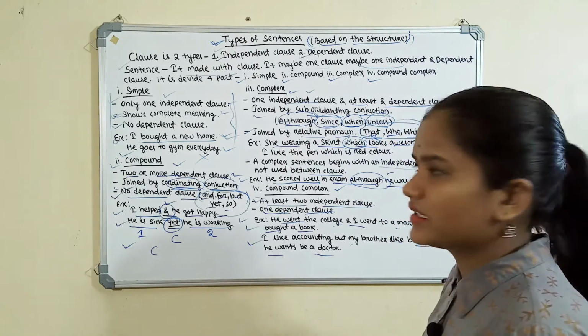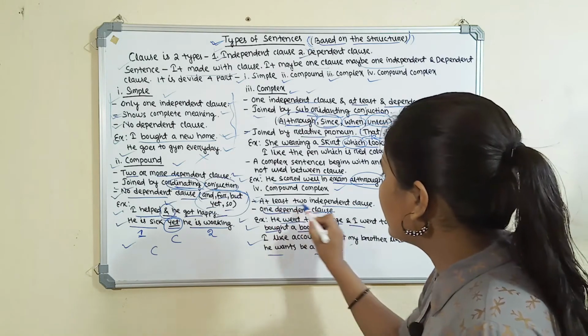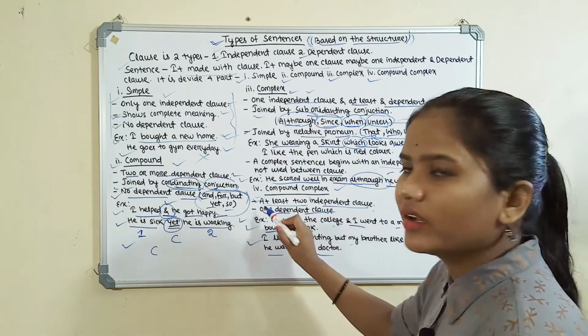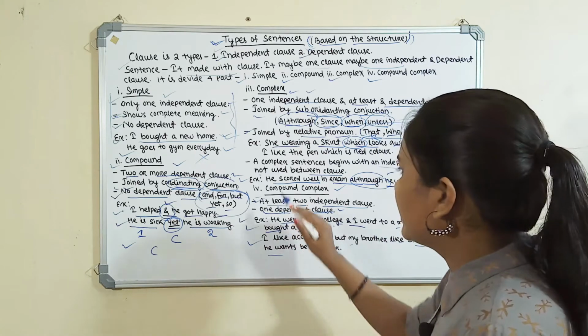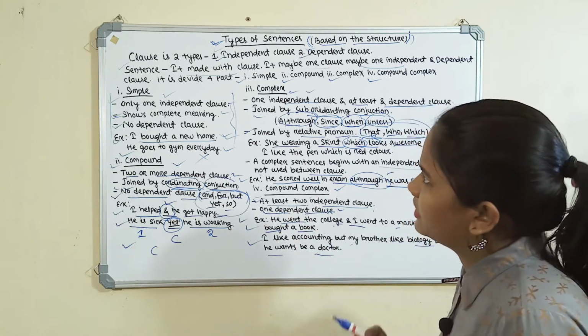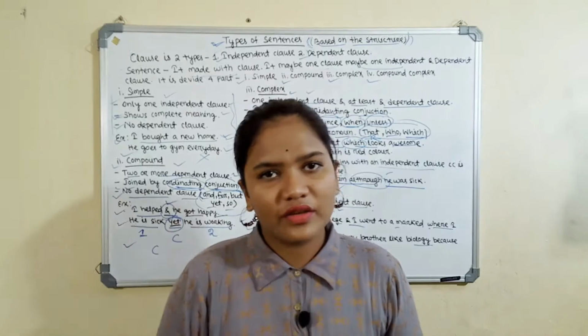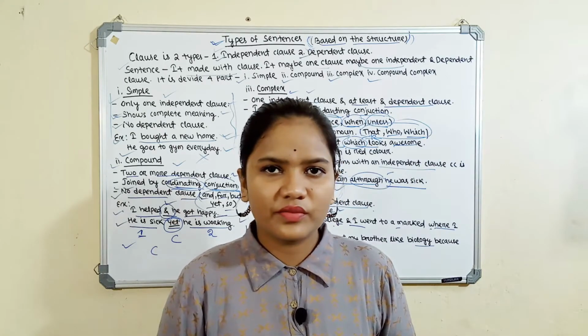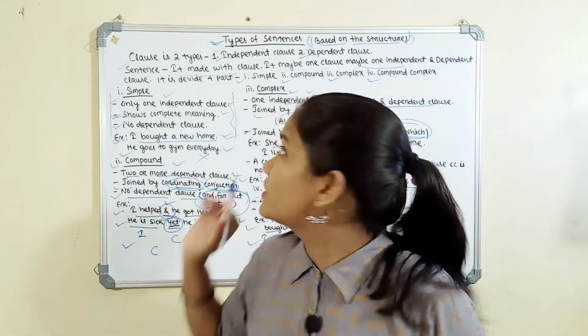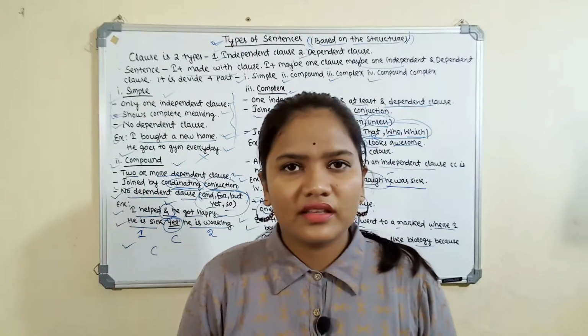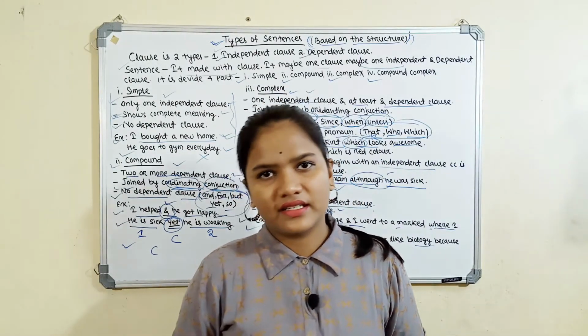Compound complex sentences have at least two independent clauses and one dependent clause. That is all about sentences. We already learned the base of sentences in meaning and in structure. These are the eight types of sentences.